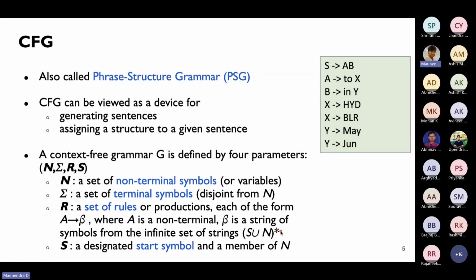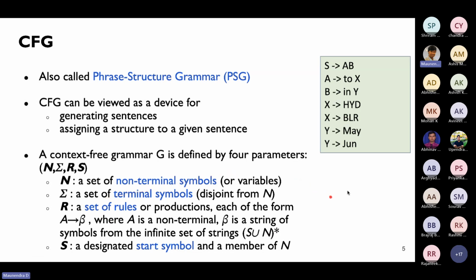So what does it mean? The right-hand side can contain an arbitrary number of non-terminals, and I think sigma can also be included here. So (N union sigma)*.